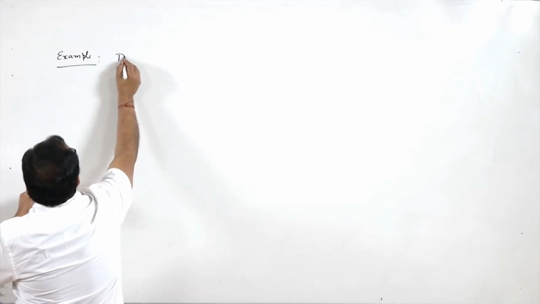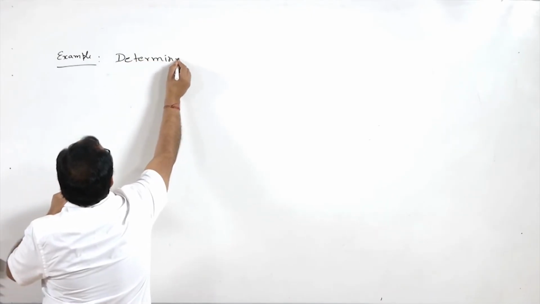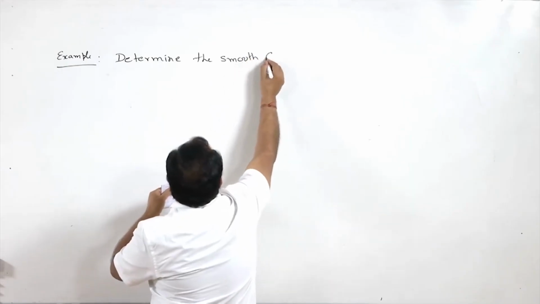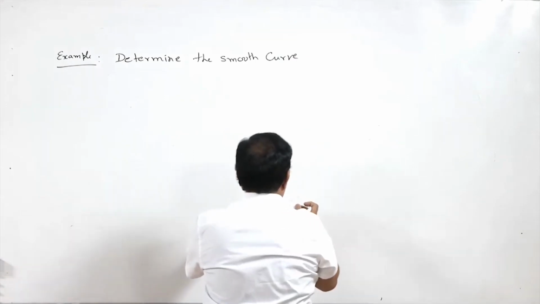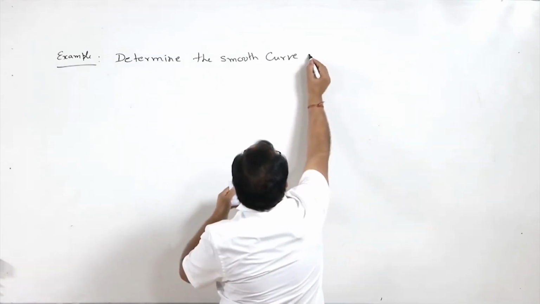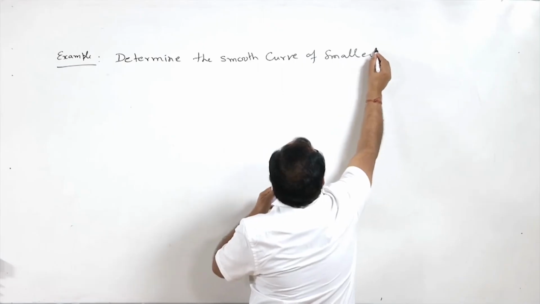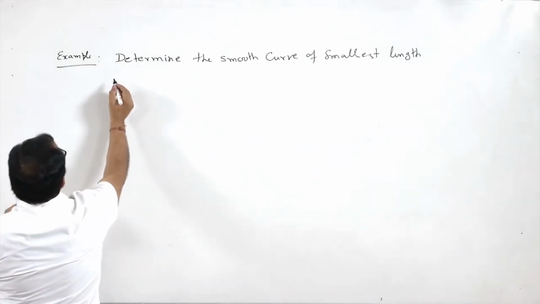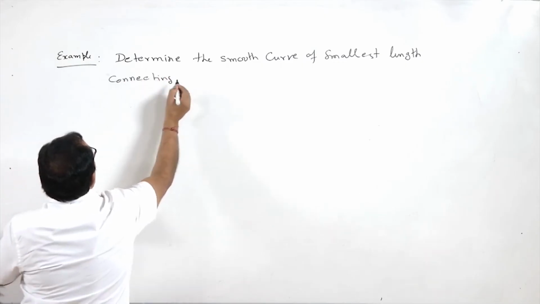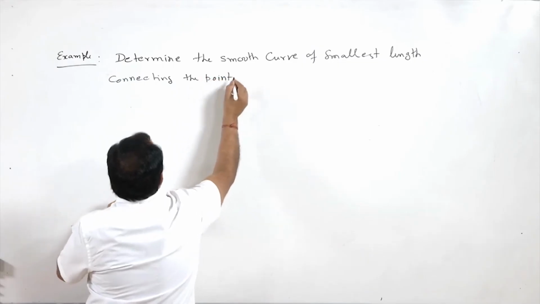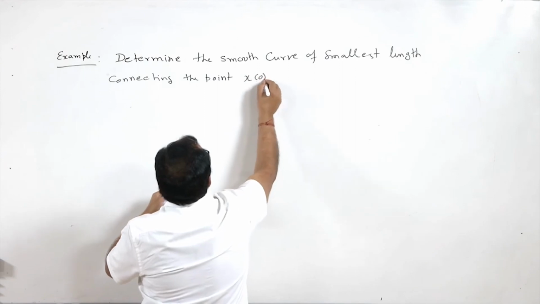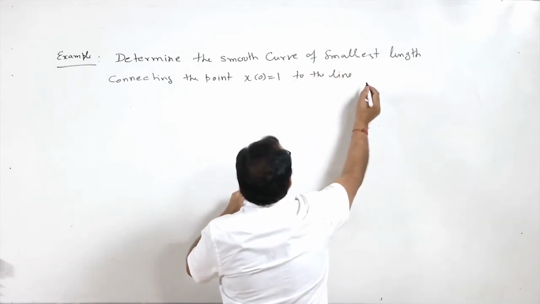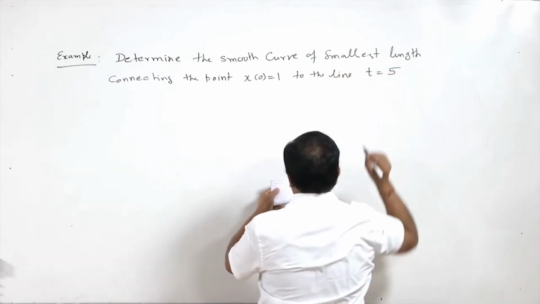Our objective is to determine the curve connecting the point x0 equal to 1 to the line t equal to 5.